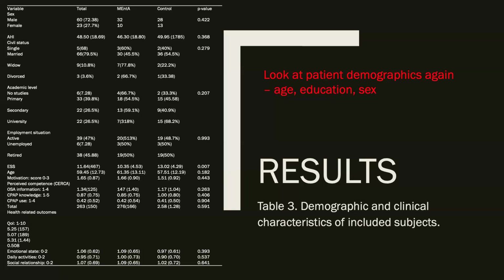They also did not really specifically include ranges, but they had an average age. So the average age was 59, standard deviation of about 12. Is that 37? Yes, 37 to maybe about 71.